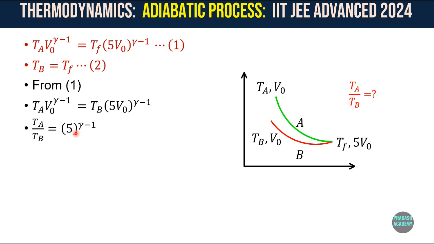Now if I take Tb to the left hand side, this will be Ta by Tb and this goes to the right hand side. So this will become 5V0 divided by V0 raised to the power gamma minus 1, that is 5 raised to the power gamma minus 1. So for this problem, the ratio of Ta by Tb is equal to 5 raised to the power gamma minus 1.